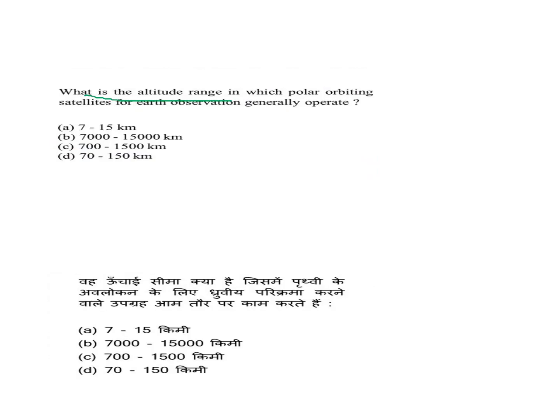What is the altitude range in which polar orbiting satellites for Earth observation generally operate? The answer will be 700 to 1500 kilometers.